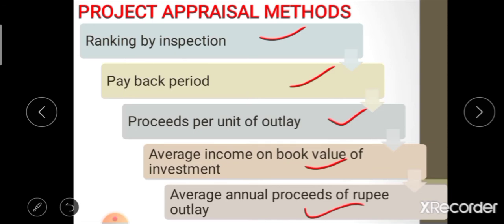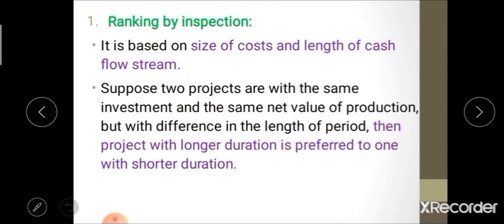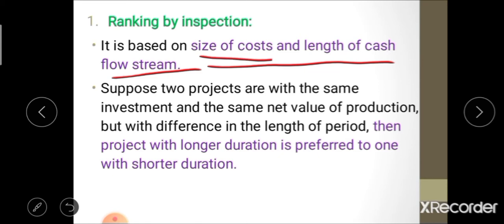So the first method is ranking by inspection. Its name indicates its meaning: it just gives the rank on the basis of inspection of that particular project. This method is basically based on size of cost and length of cash flow stream.